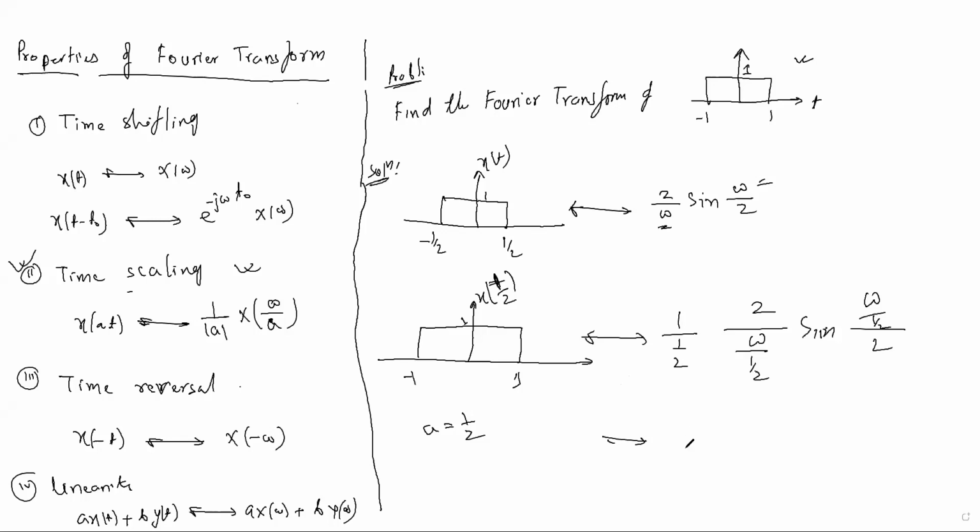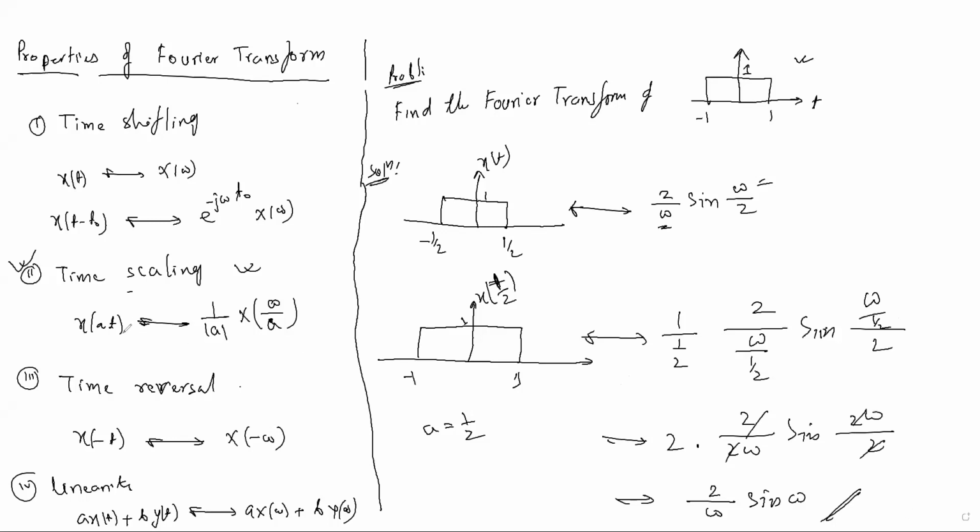So this 2 will go off, this 2 will go in the omega term, sine omega. This 2 cancels, this 2 cancels. So our answer would be 2 by omega sine omega.